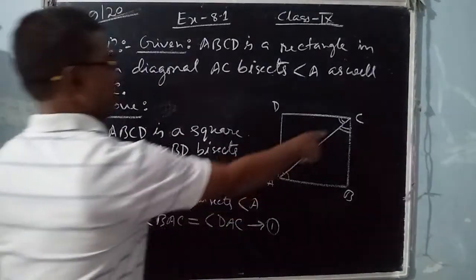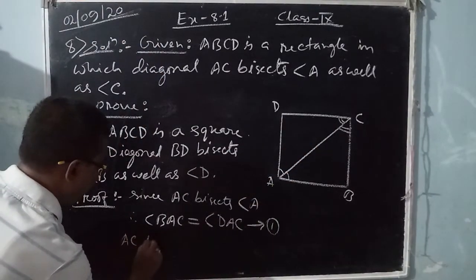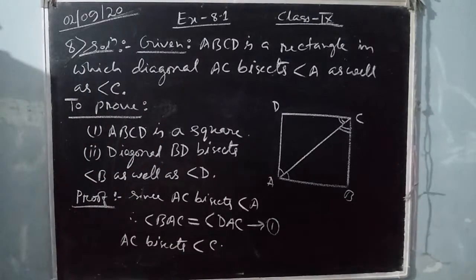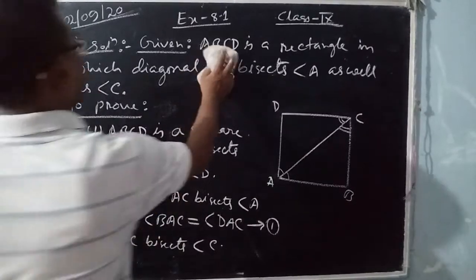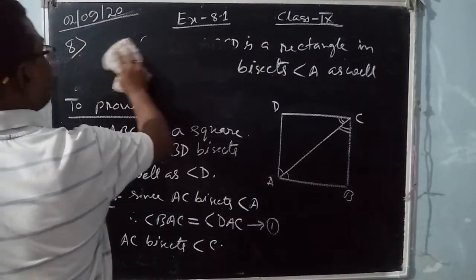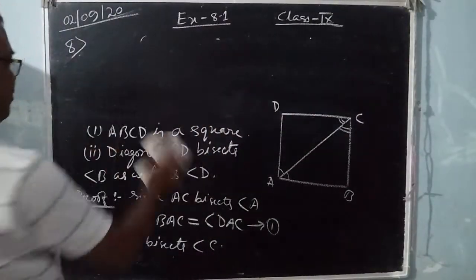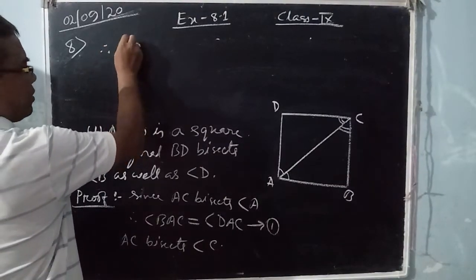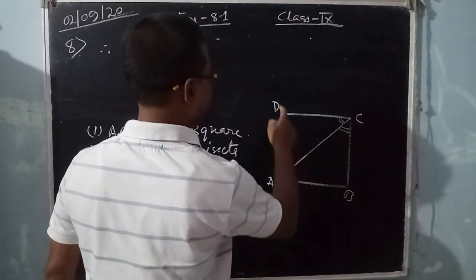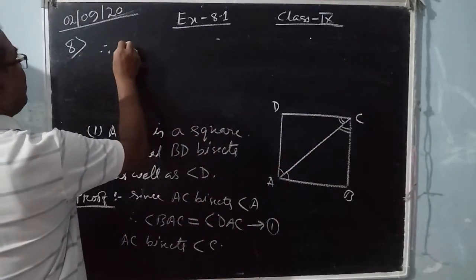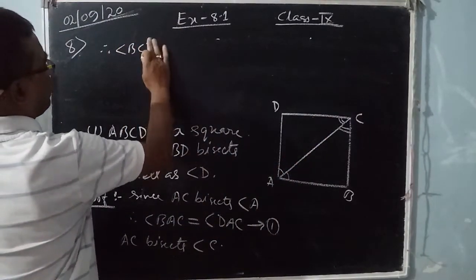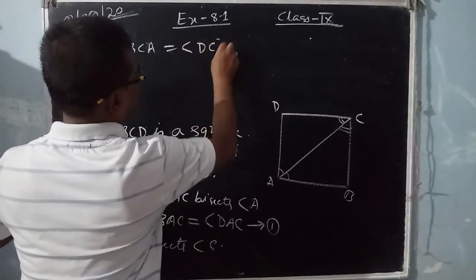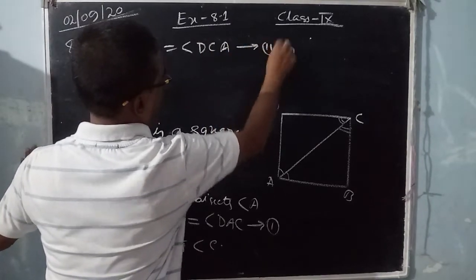Then AC bisects angle C, therefore angle BCA equals angle DCA, number 2.